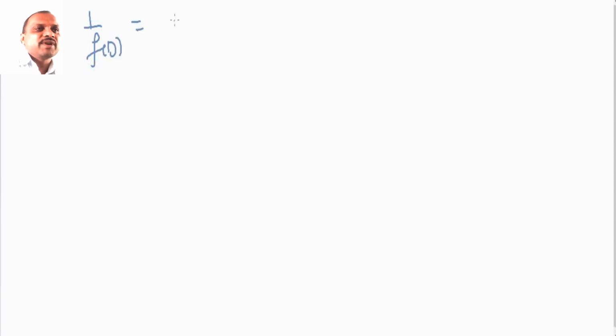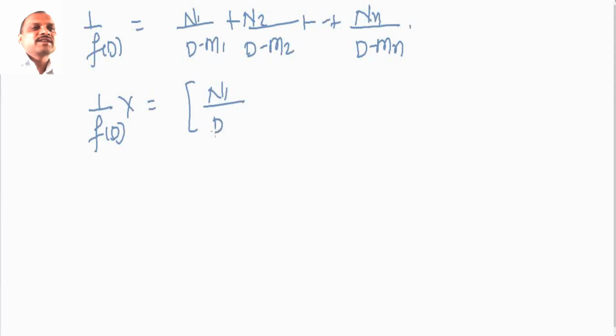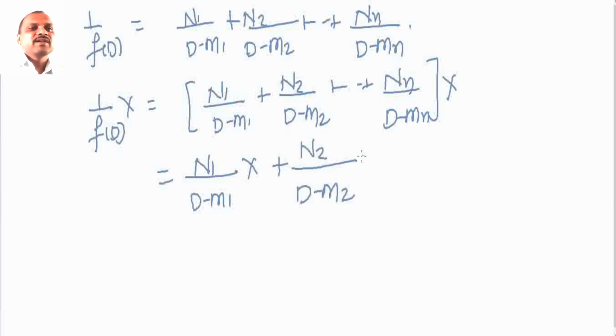Whenever 1 divided by f of D can be written as n1 divided by D minus m1 plus n2 divided by D minus m2 plus ... plus nn divided by D minus mn, then 1 divided by f of D operating on X gives n1 divided by D minus m1 operating on X plus n2 divided by D minus m2 operating on X plus nn divided by D minus mn operating on X.